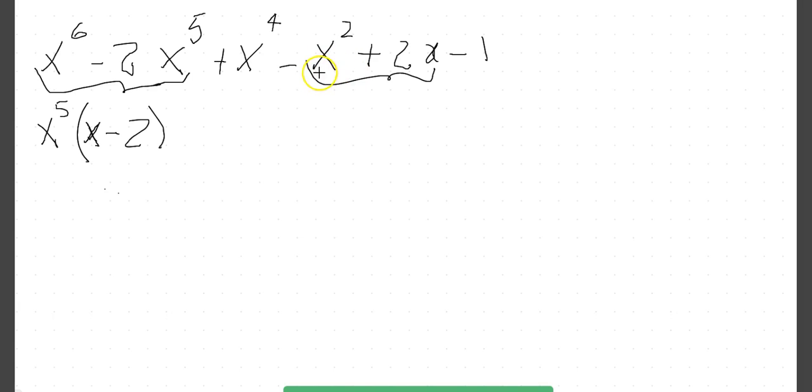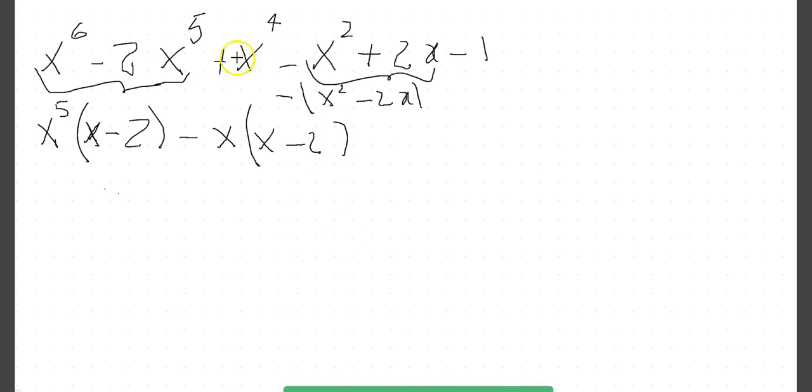What about this one? If you want to write it another way, it's gonna be minus x to the power of 2 minus 2x. That's another way to write it, which means I can put a minus here, and then I'm gonna have x times x minus 2.